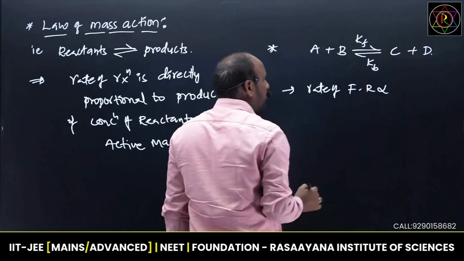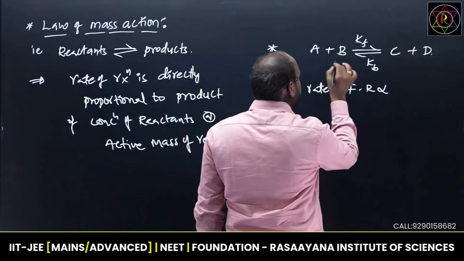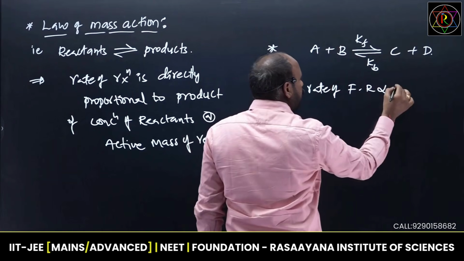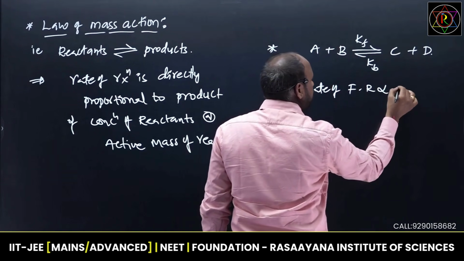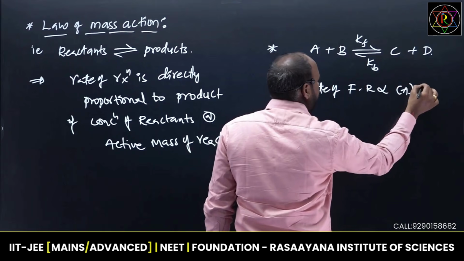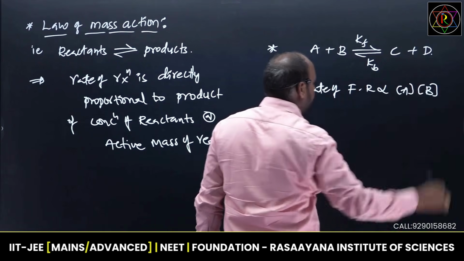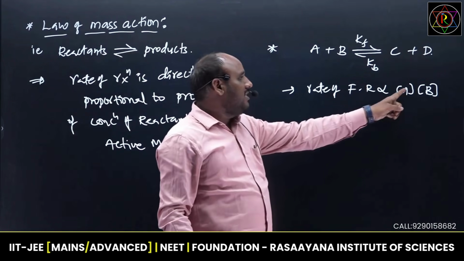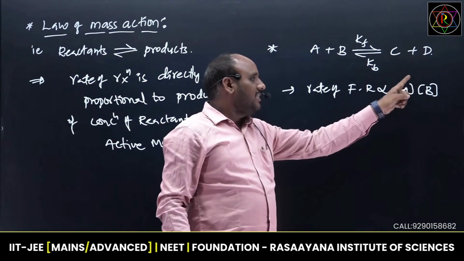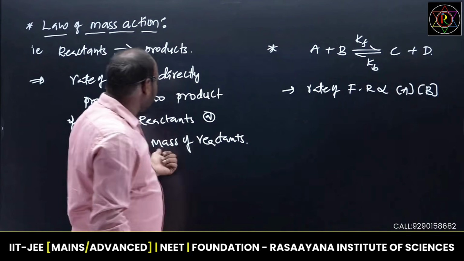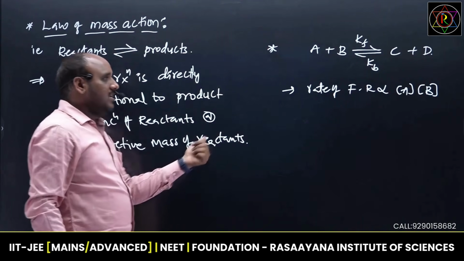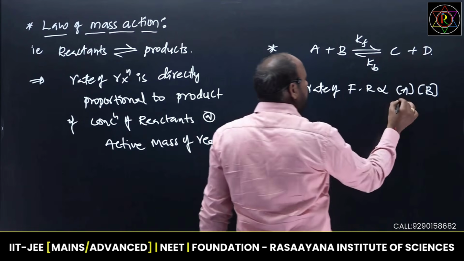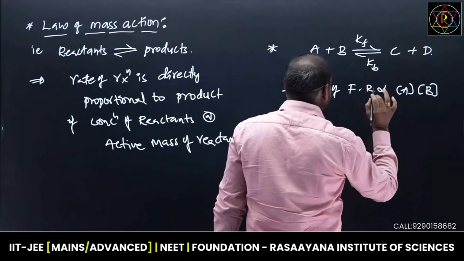The rate of forward reaction is directly proportional to the concentration of the reactants. Here the reactants are A and B, so it is the concentration of A and the concentration of B, or the active mass of the reactants.